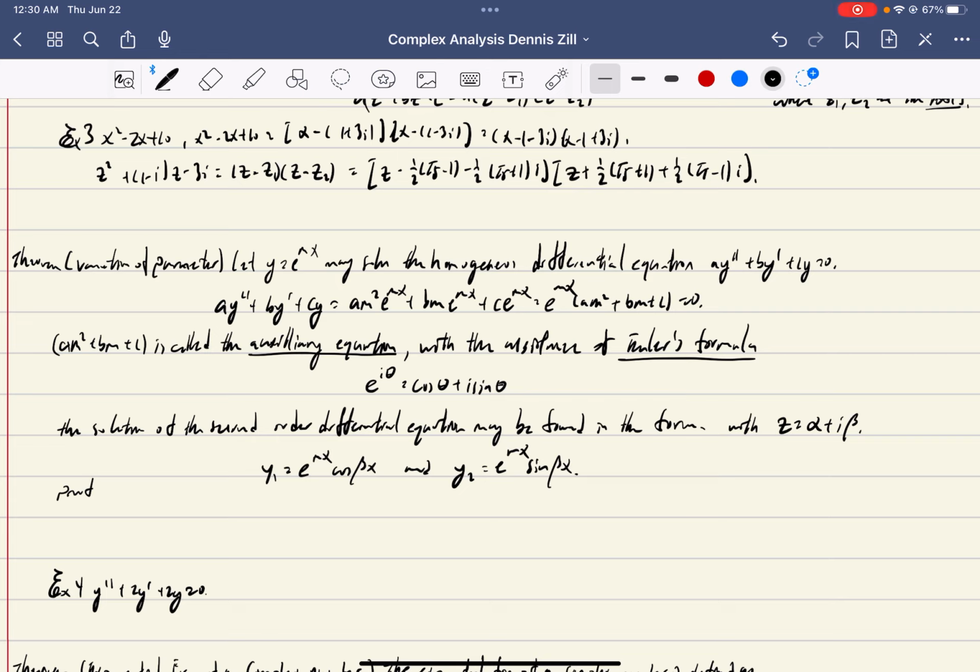When you write it over here and take the second derivative, there's m squared. This is what happens when you substitute y equal to e^(mx). You can always factor out e^(mx), and then you will end up with this equation, called the auxiliary equation.